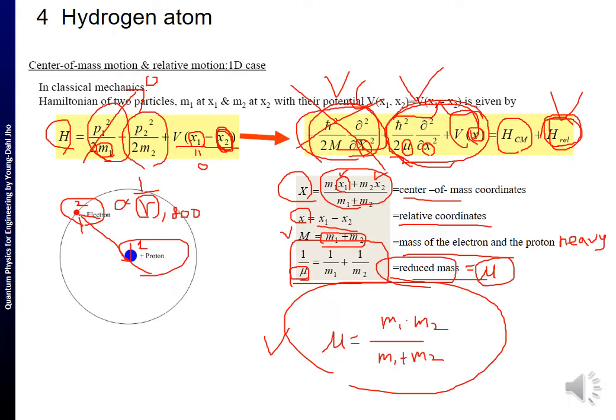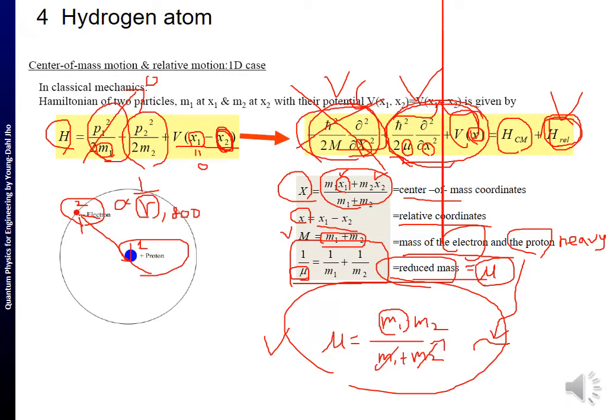When you have an electron and proton, in this case, because mass M1 is extremely heavy compared to mass M2, by comparing M1 and M2, you will ignore this part.